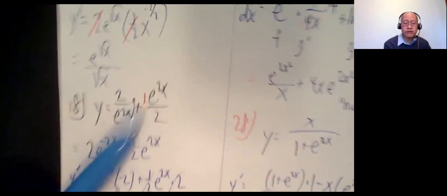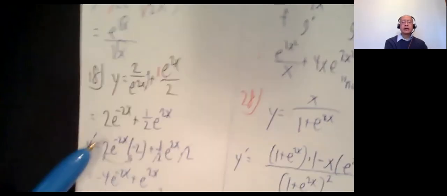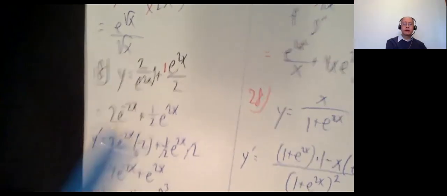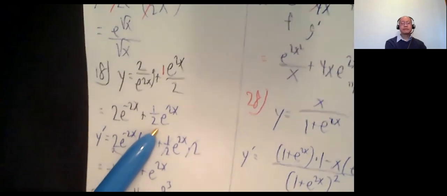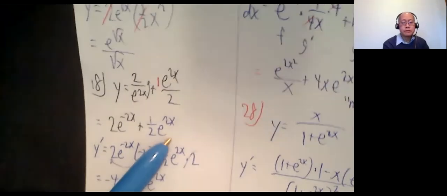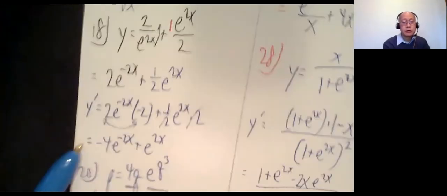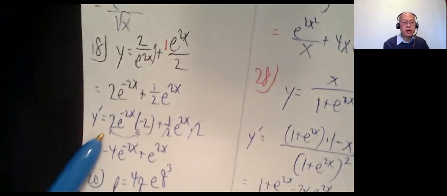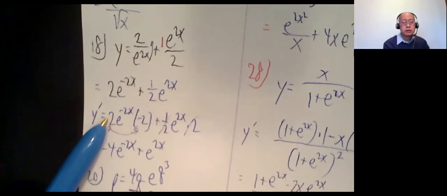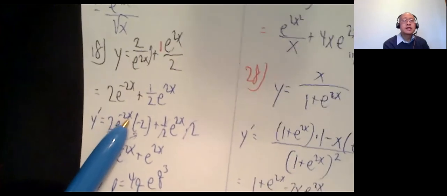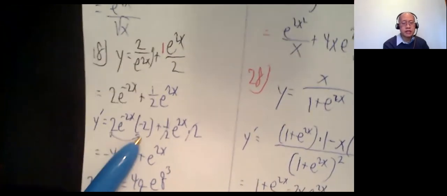Treat it as a coefficient of 1/2 e to the 2x. And notice, I no longer have to do the quotient rule here. I don't have to do the quotient rule here either. All right. So here we go, y prime: 2 e to the negative 2x times the derivative of negative 2x, which is negative 2.